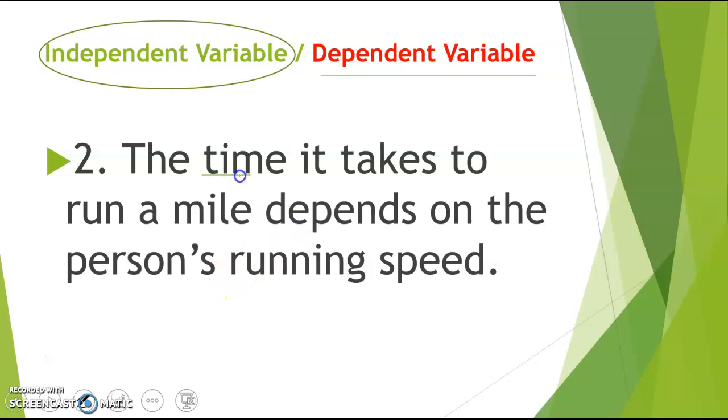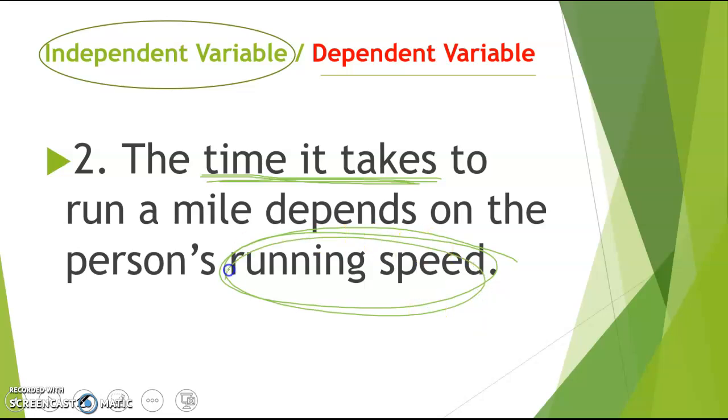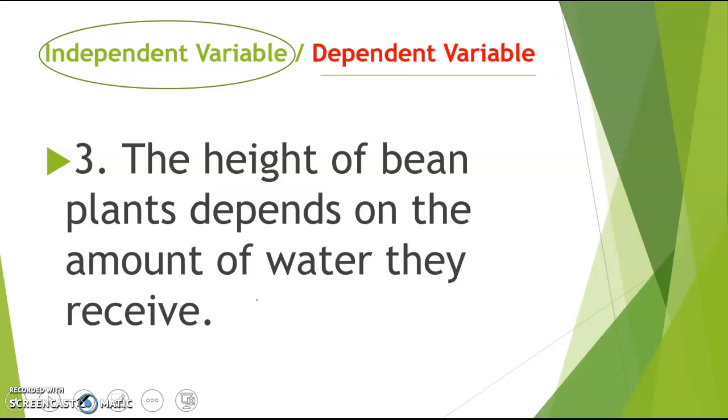So the time it takes is your dependent variable. That's what you're measuring. But you can change the running speed, how fast or how slow that you run. That's your independent variable. Number 3, the height of bean plants depends on the amount of water they receive.